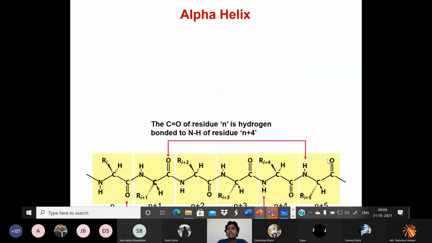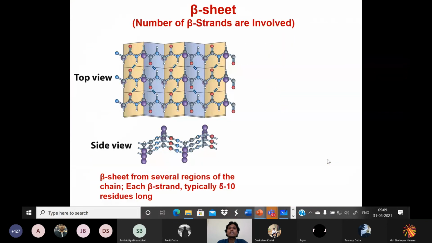Now if you go to the next thing, the beta sheet. Here a number of beta strands are involved. This is a little bit different.